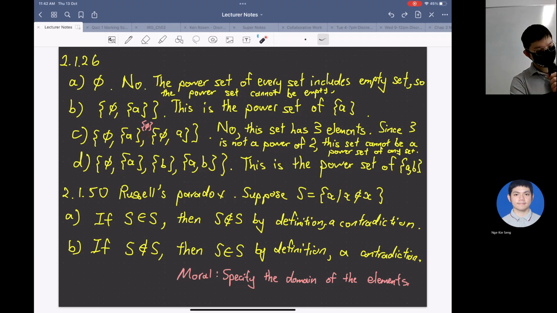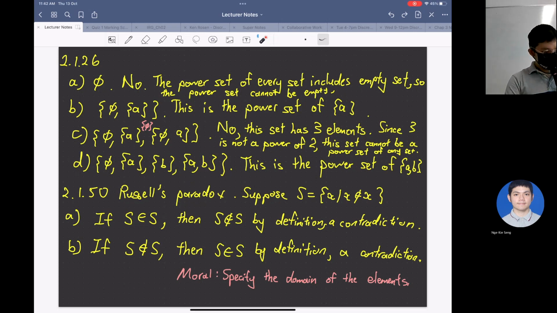So no, because this set has 3 elements, and it's a fact that the cardinality of a power set is always 2 to the power of something, which you can prove by induction. The induction exercise proves that the cardinality of a power set is 2 to some power.